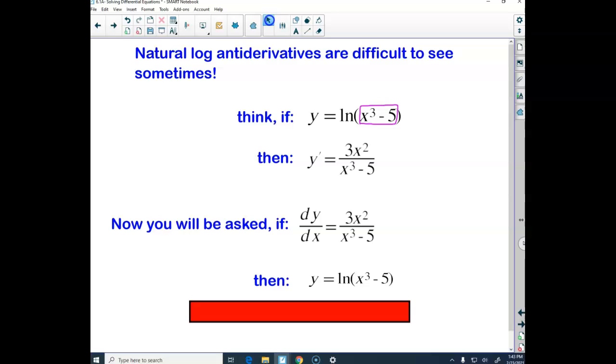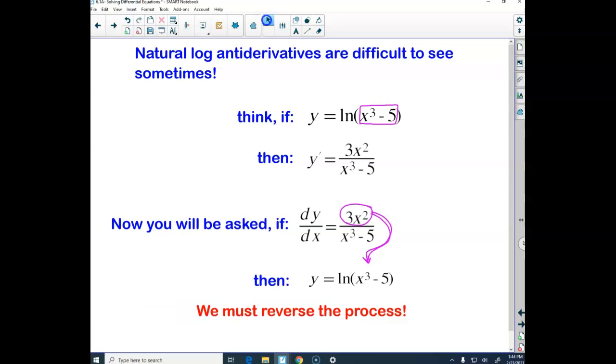And I need to be able to see and understand how this gets absorbed back into that, because with the chain rule, when I differentiate, remember, it's the derivative of the business divided by the business. So the derivative of the business gets absorbed, and sometimes we're going to have to multiply by a constant just to make things work, okay? So bottom line, what are we doing? We are reversing the process today.